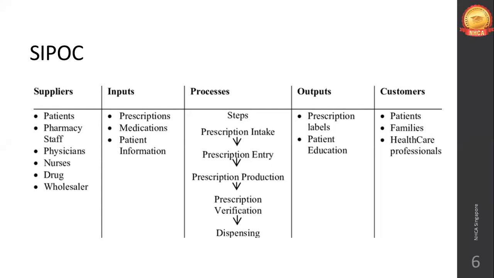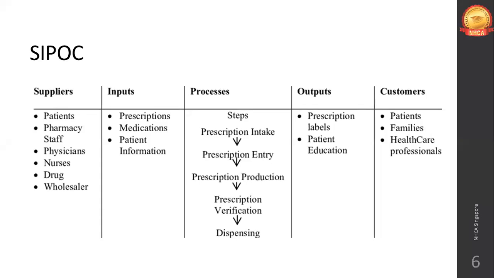They are the suppliers for a hospital in healthcare. Input is the prescriptions given by the doctors, the medications, and the quality of medication given to the patients. Patient information that is recorded properly within the hospital. These all are inputs in a healthcare system.